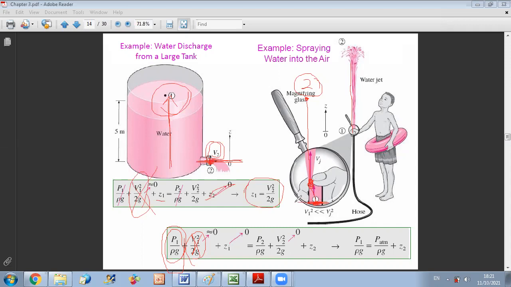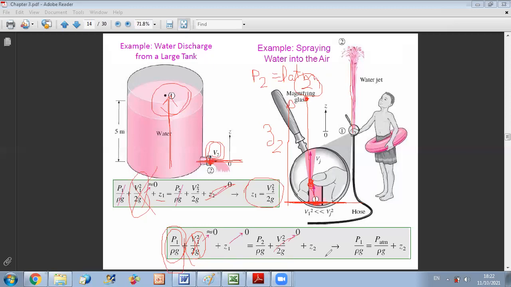We can consider that Z1 represents the reference. So Z1 is 0. I will take the reference of Z here. And then for the other term, the point 2 is exposed to the atmosphere. So I can say that P2 equals P atmospheric. Now, since I am interested in the maximum height reached, Z2, then at this level, V is 0, because at the maximum height, the velocity reached is 0, so V2 is 0, plus Z2.